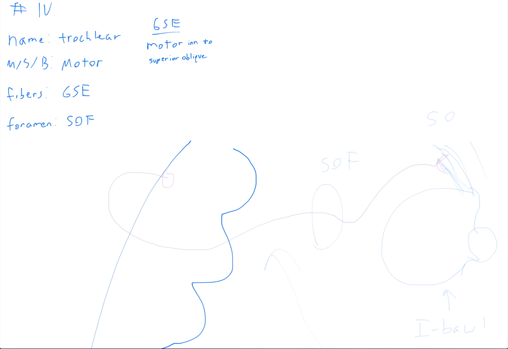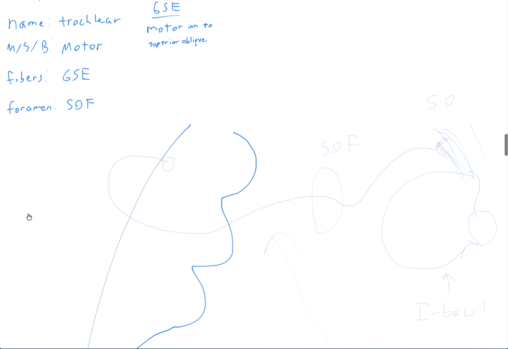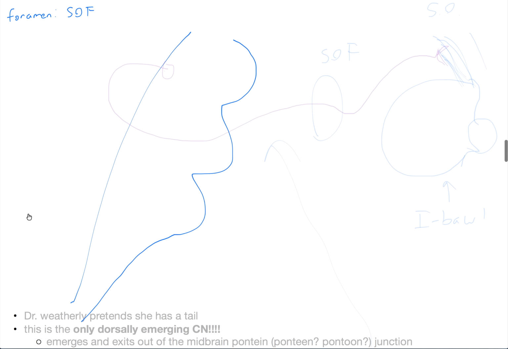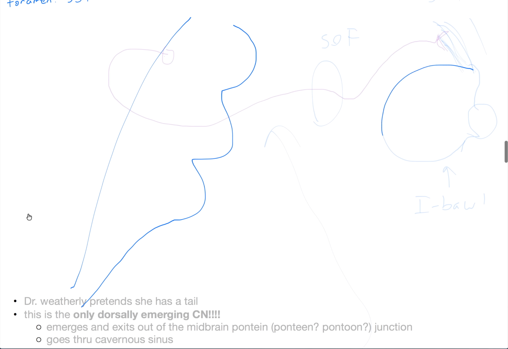Okay. So it's actually really straightforward, really simple. A couple of caveats that you need to know about it: it is the only cranial nerve that emerges dorsally from the brainstem. Everyone else comes out from the front. But the trochlear nerve comes out from the back of the brainstem and wraps around and goes forward. So it's the only dorsally emerging cranial nerve.